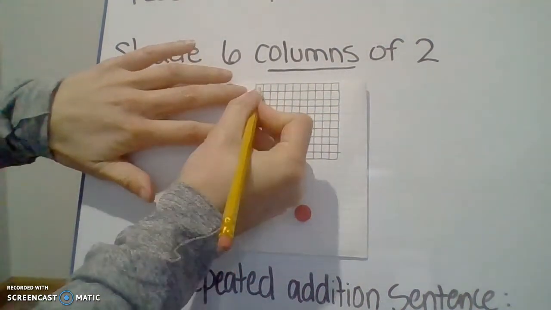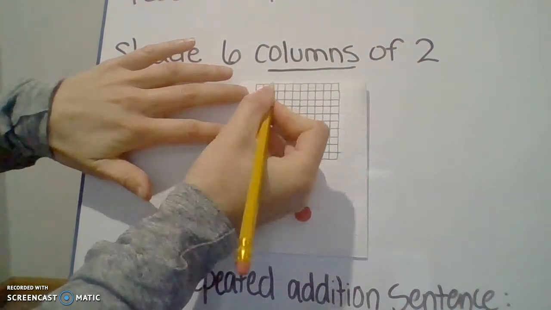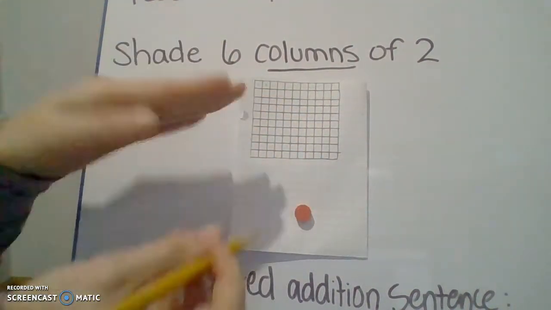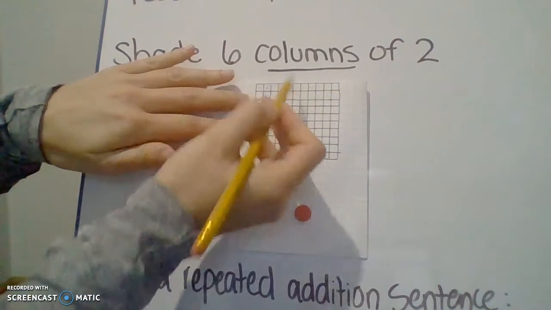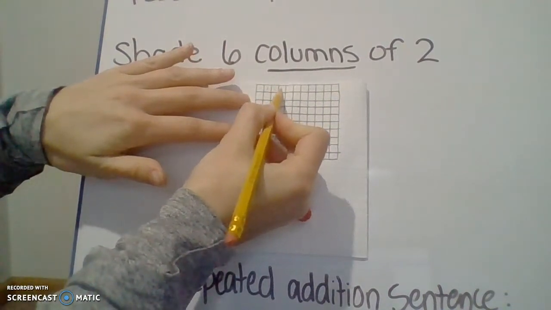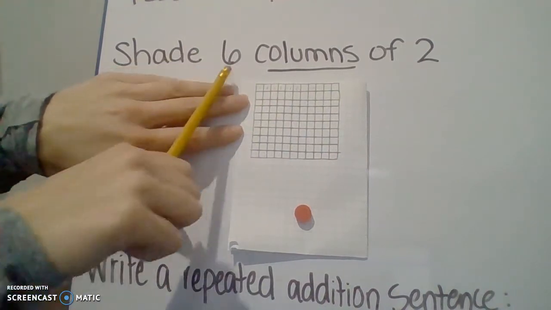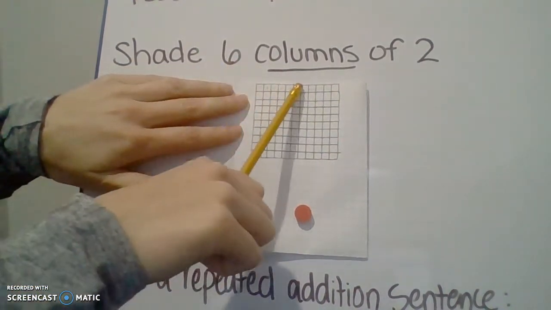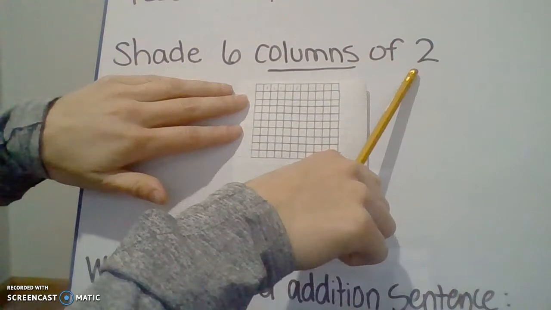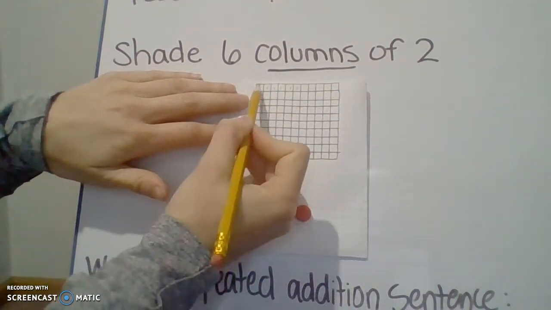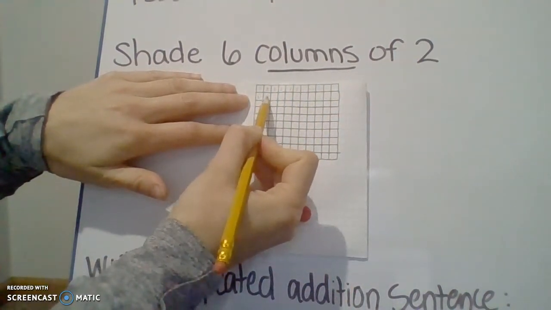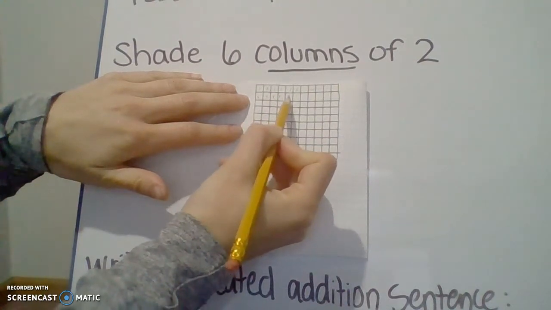What I would do first is count. So here's 1, 2. Columns are going vertical, up and down, because of the L. They go vertical. So 1, 2, 3, 4, 5, 6. And in each column, I'm just checking my work. I have 6 columns, but then I need 2 in each. So that's 1, that's 2, that's 2, 2, 2, 2.